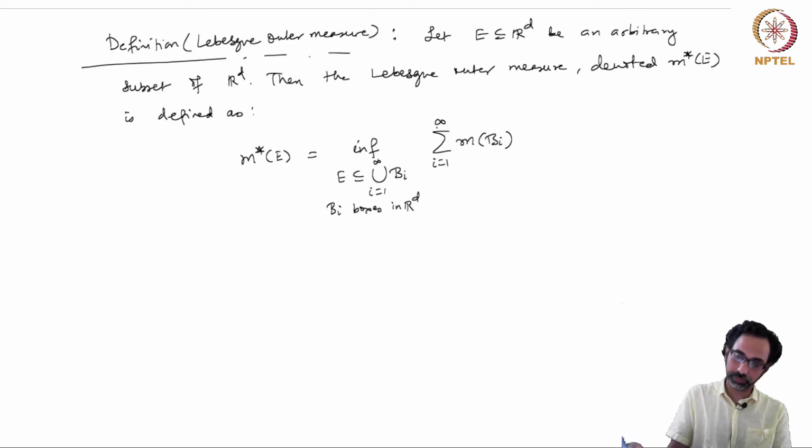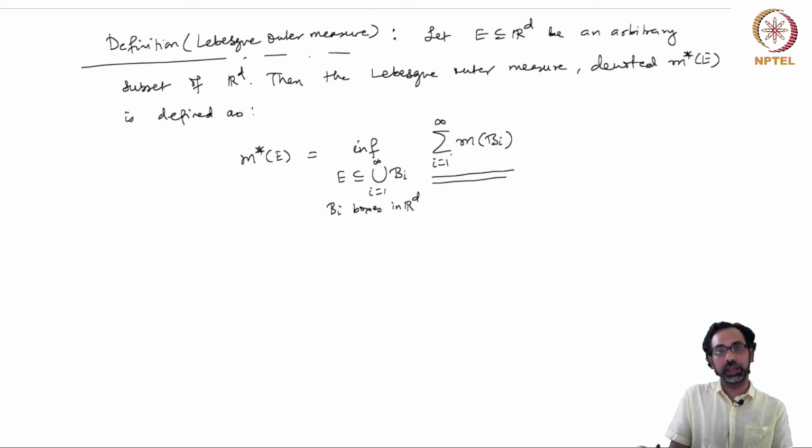So we are taking the infimum over these values given by the sum from 1 to infinity of the measure of B_i, where the union of these boxes B_i covers E.